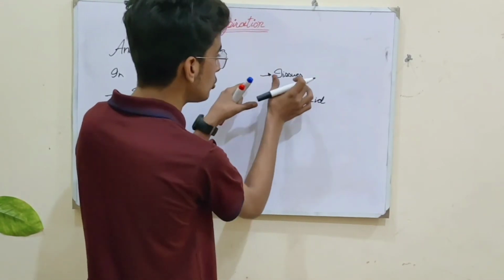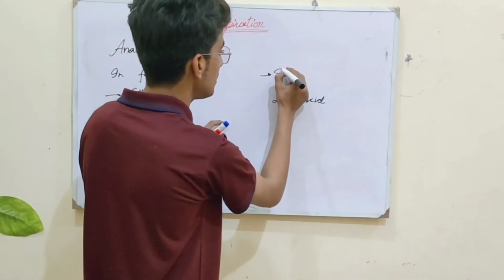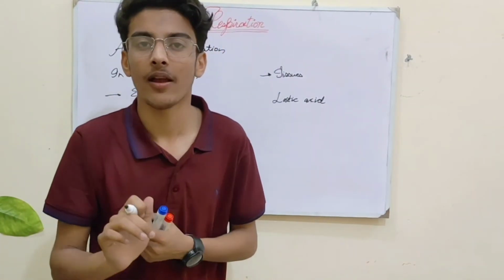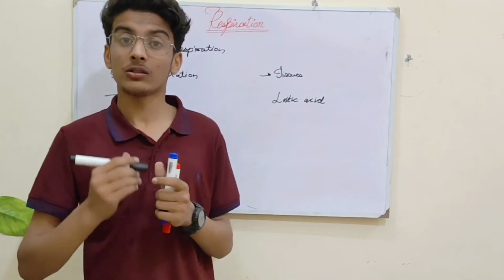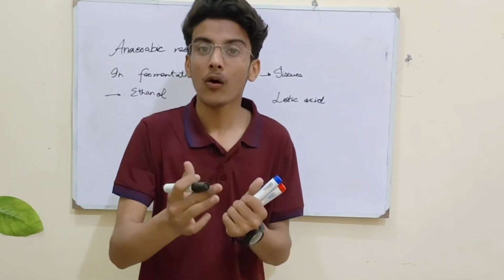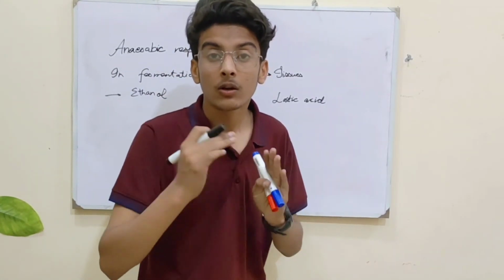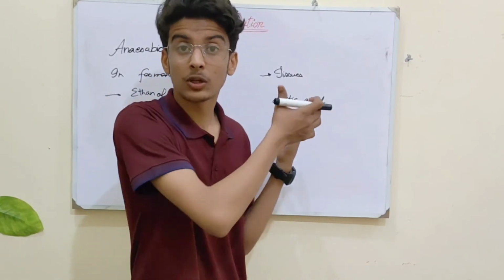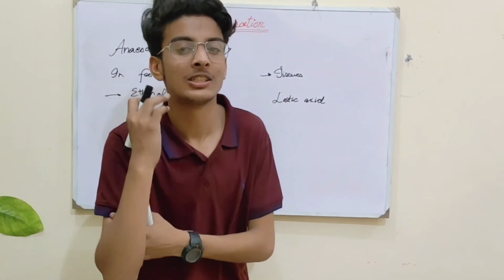In tissue respiration, the resulting product of anaerobic respiration is lactic acid. Then we learned how taking rest gives us ease from the pain, which is because of lactic acid in our tissues.